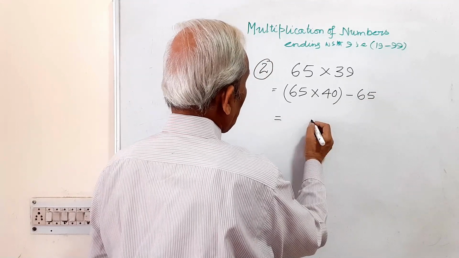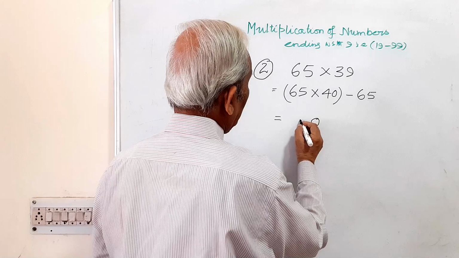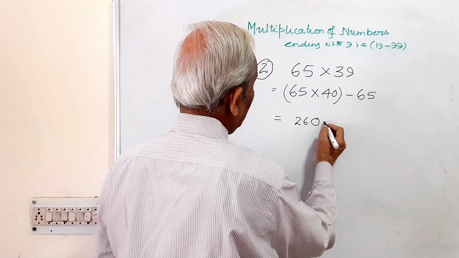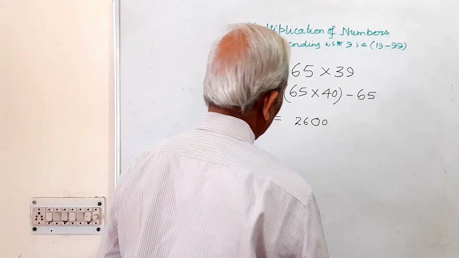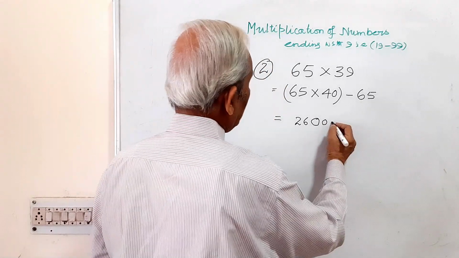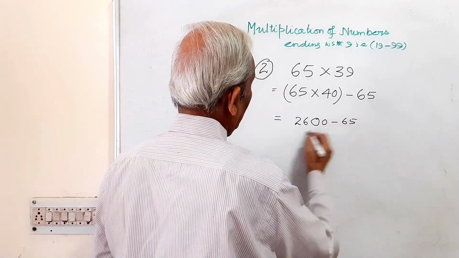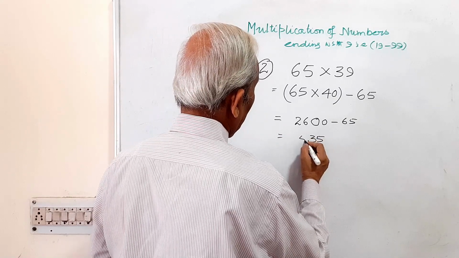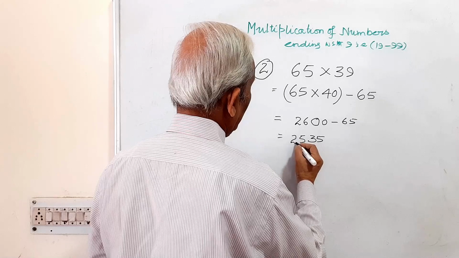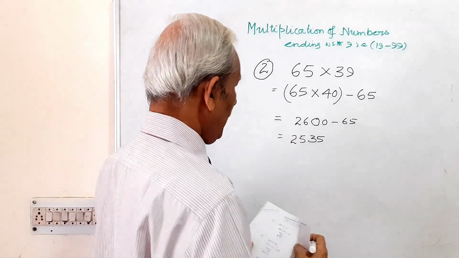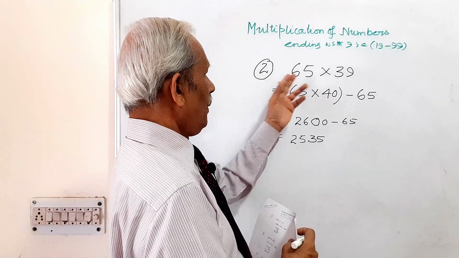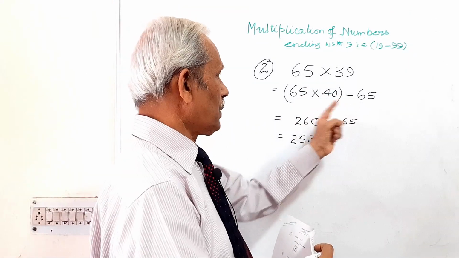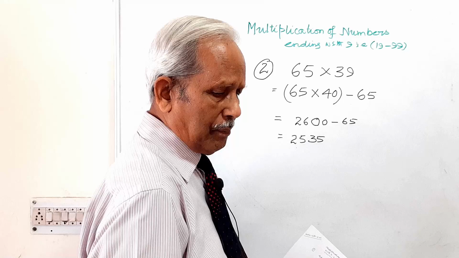This comes to 2600 minus 65, that's equal to 2535. Right? Quite easy. So instead of multiplying with 39, we have multiplied this with 40, and then you have reduced it by 65, and the answer has come easily.